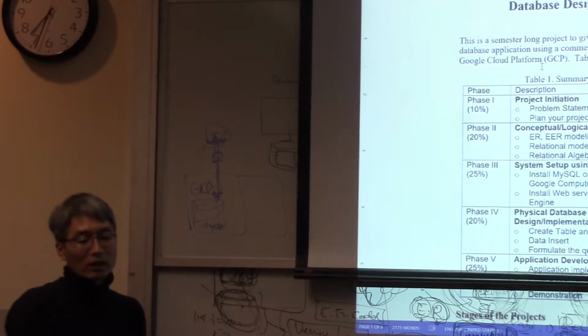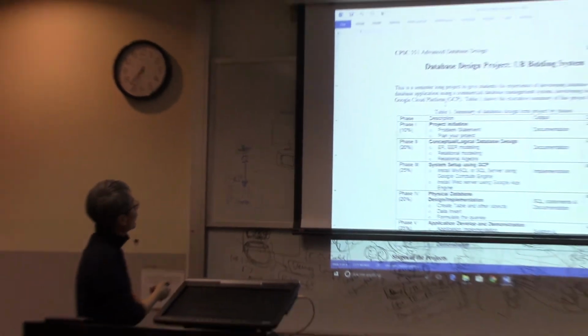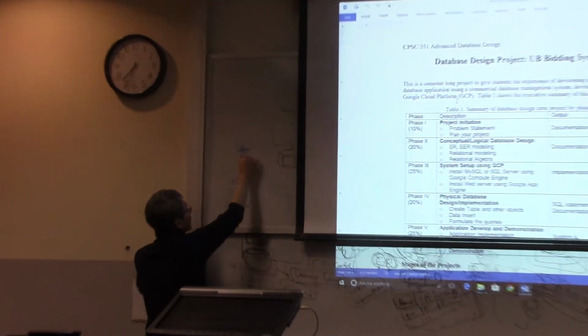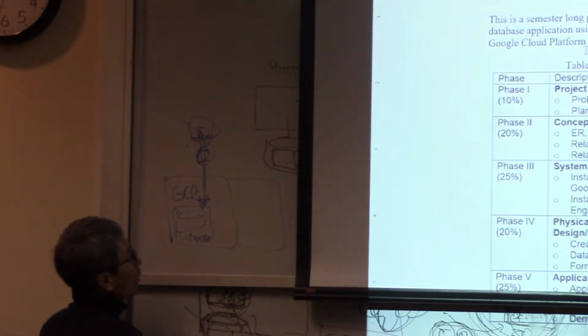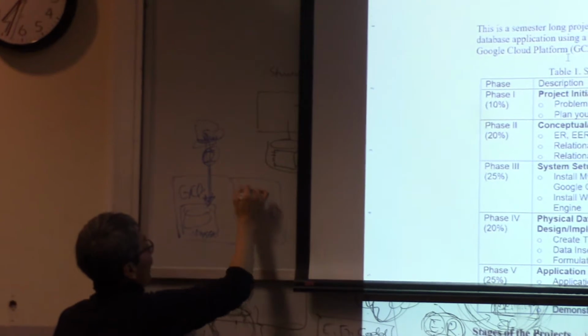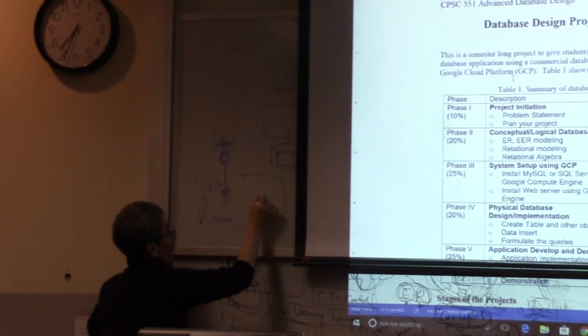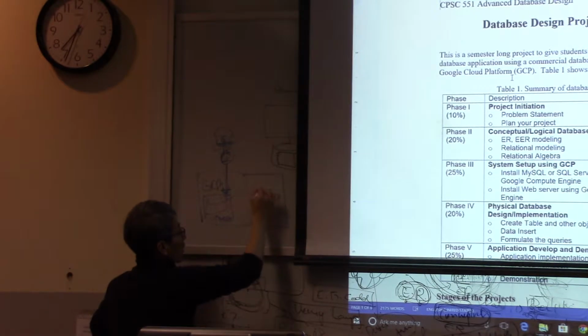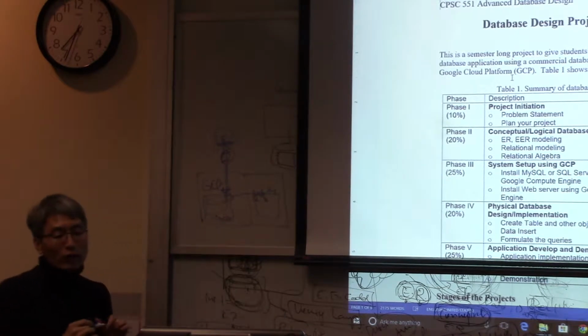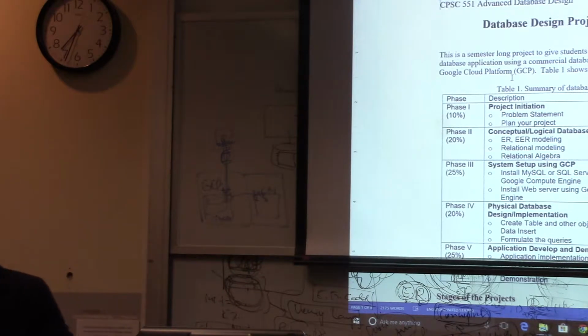That is one thing. Another thing is you need a fully GCP-based database application, which means you need to create a virtual machine, and from there it can be a web interface or standalone, connecting to the database. So, a fully GCP-based database application.